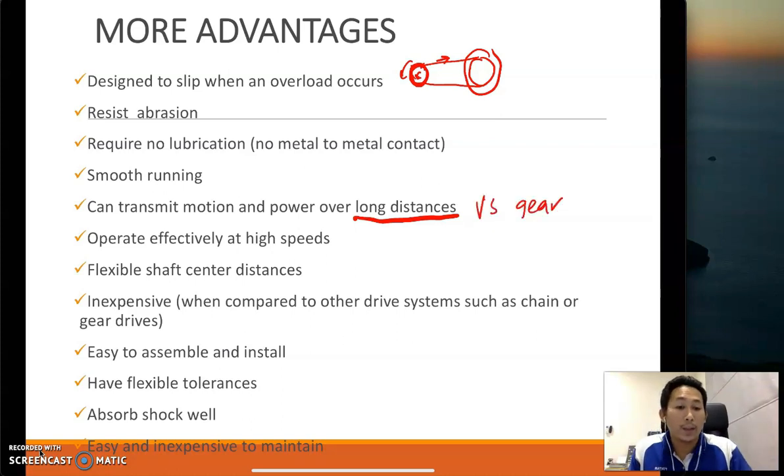If we have the gear, it operates effectively at high speeds, with flexible shaft center distance, and is inexpensive compared to other drives like chain or gear. Okay, easy to assemble and install, have flexible tolerances, absorb shocks very well, and are easy and inexpensive to maintain.